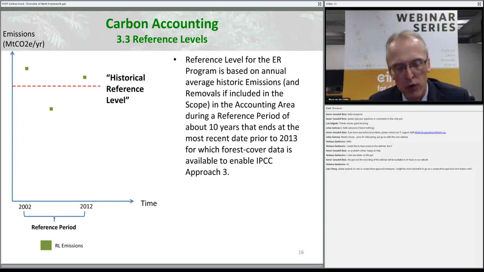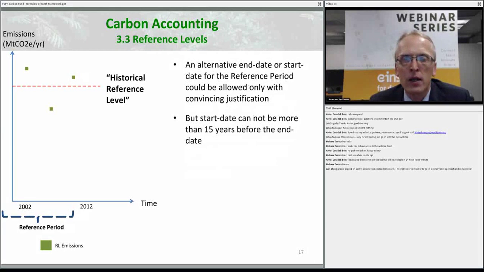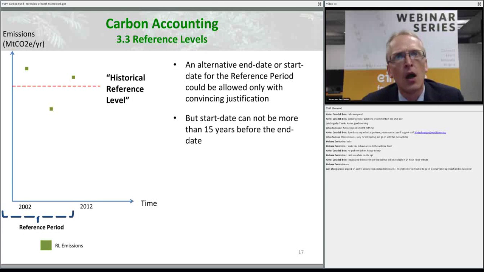But it is recognized that certain countries might have circumstances for which you want to change that reference period, the 10 years over which you calculate the annual historic average. So it says that an alternative end date or start date can be allowed if you can justify it.